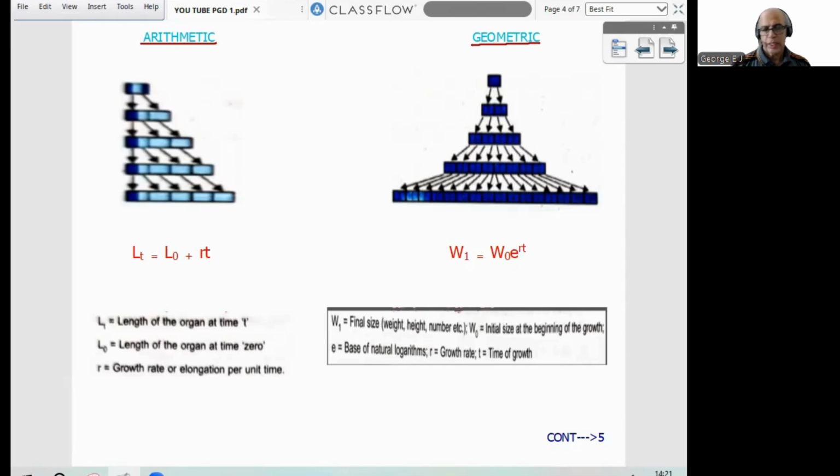While in sigmoid growth, W1 is final size, which can include weight, height, and number. Then W0 is initial size, e is the base of the natural logarithm, r is growth rate and t is time. Both formulas, once in a while they will put some problem type questions. I think that page is clear.